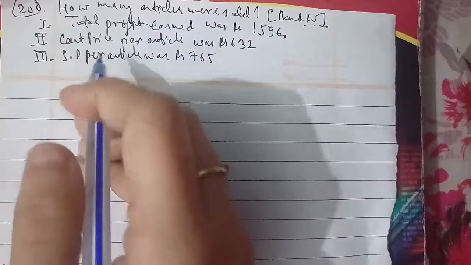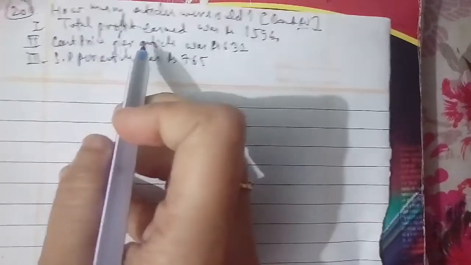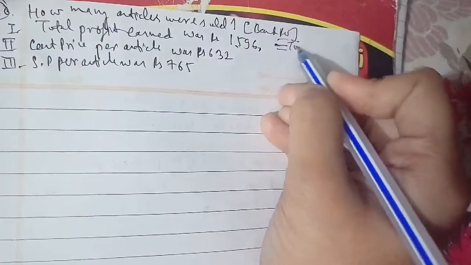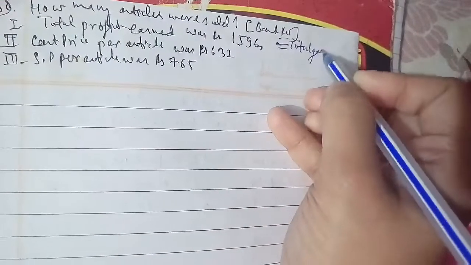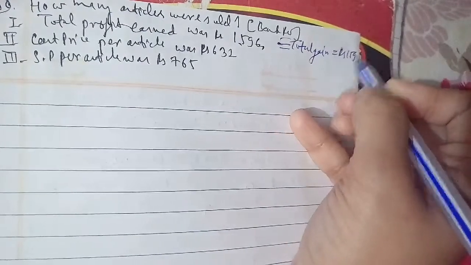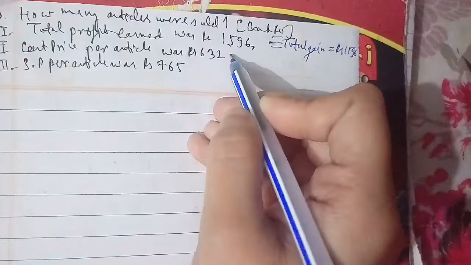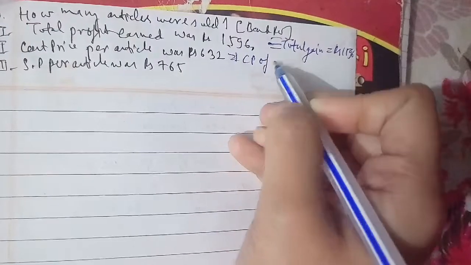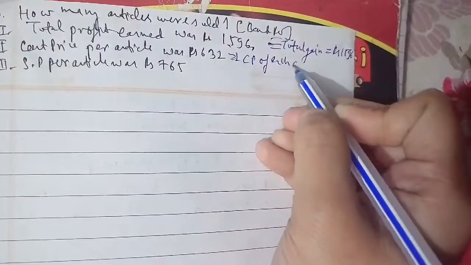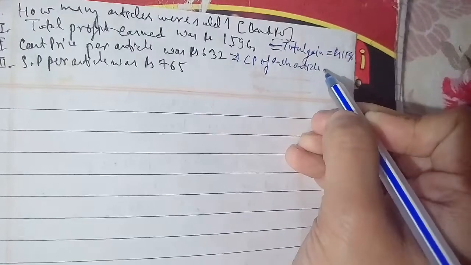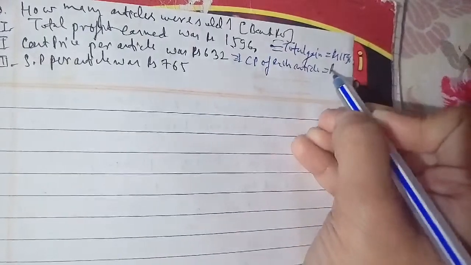According to statement 1, total profit earned was rupees 1596. It means that total gain equals rupees 1596. According to the second statement, CP of each article is rupees 632.